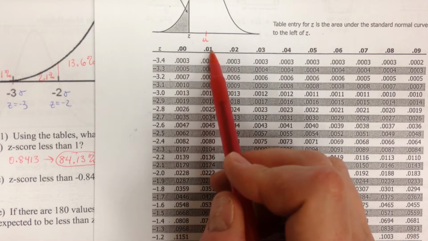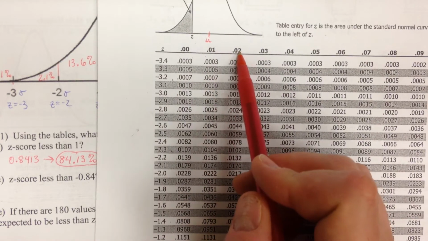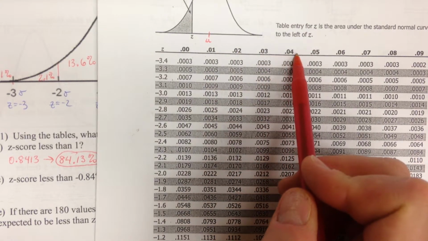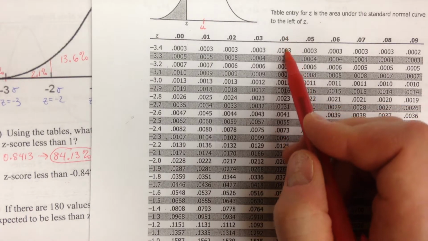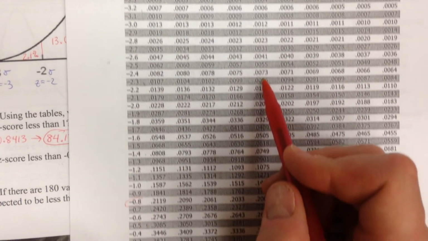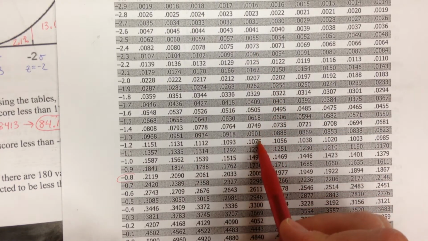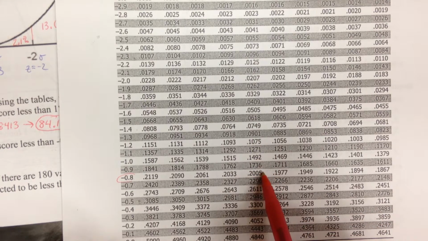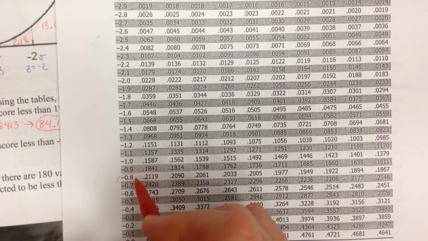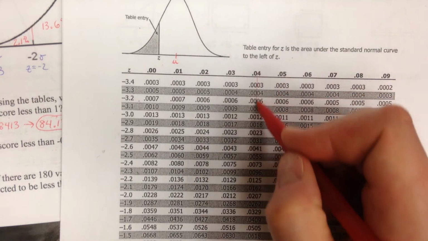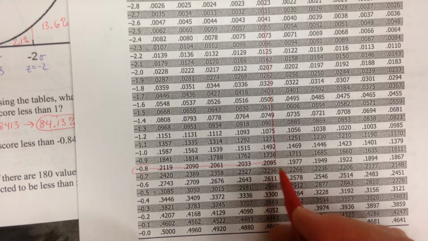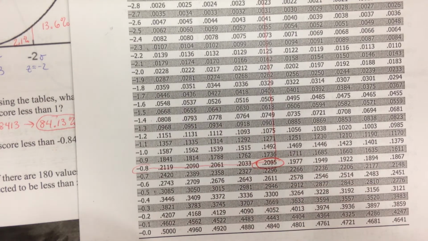This would be the hundredths place as 1, 2, 3, 4. So what I'm going to do is go down this column, and I'm going to go to negative 0.8. If I come across negative 0.8, 4. And notice that where they meet here is 0.2005.